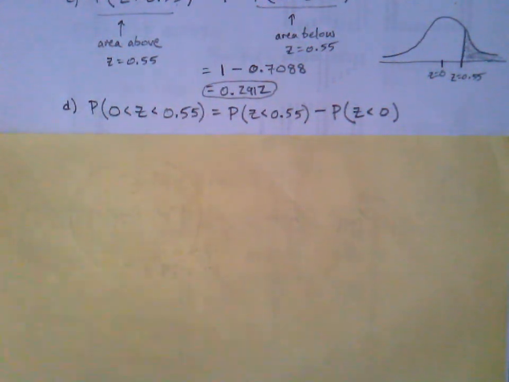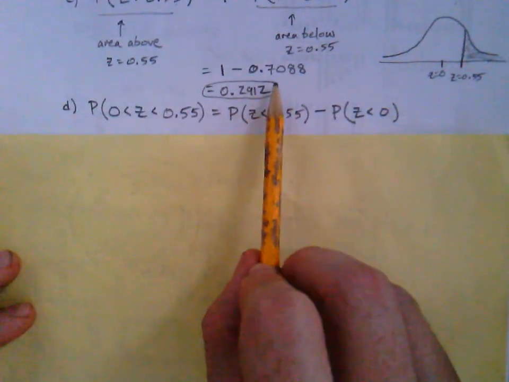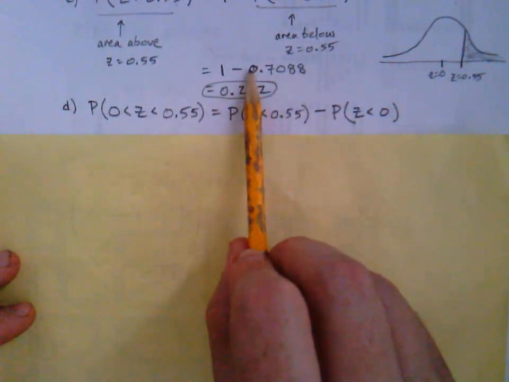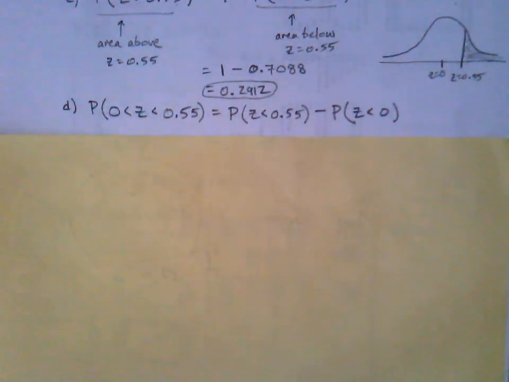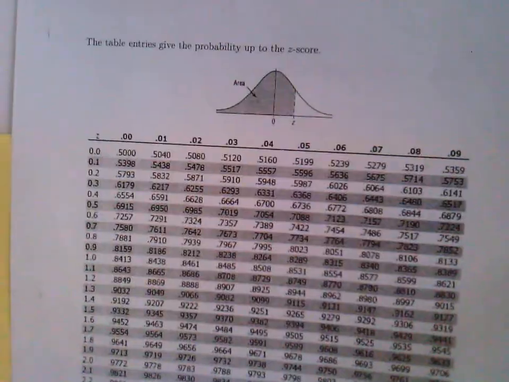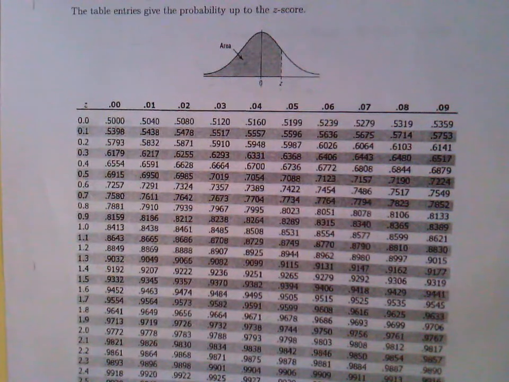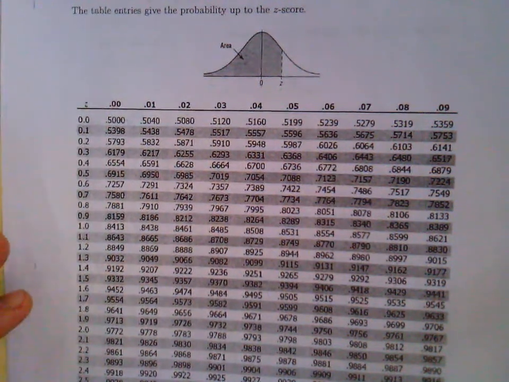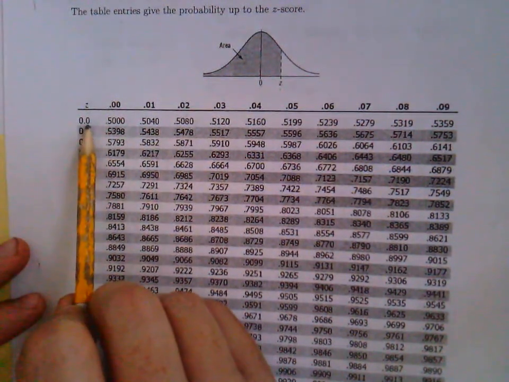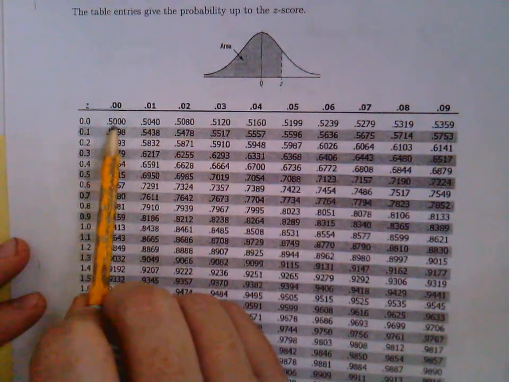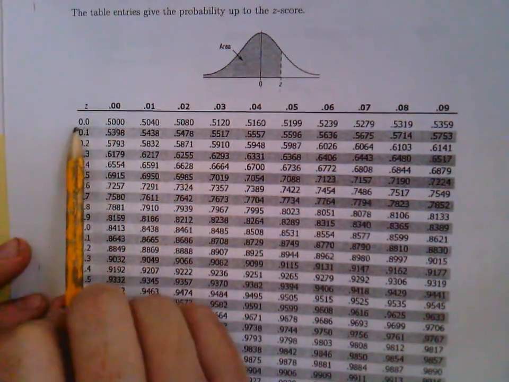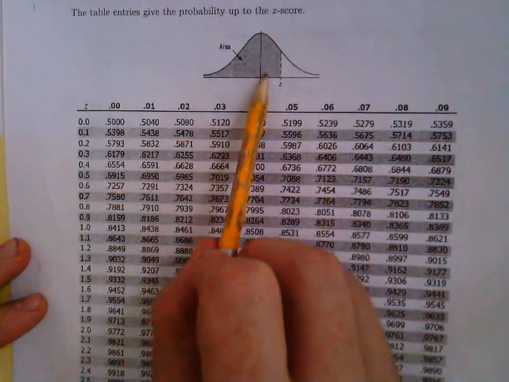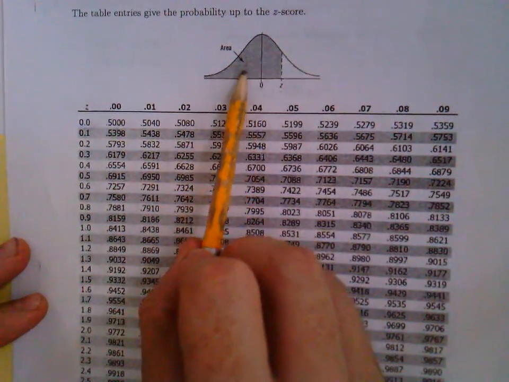Okay, well, we already looked up 0.55 just a moment ago. We found it to be 0.7088, so we already have that number. Let's look up the 0, and for this one, we could use the positive or the negative side of the table. They would give the same thing. 0.00 is exactly 0.5. And that makes sense because 0.00 is right at the middle, and how much would be less than?